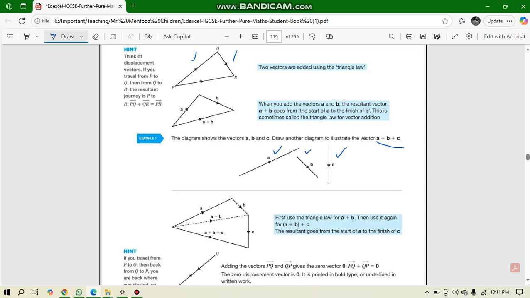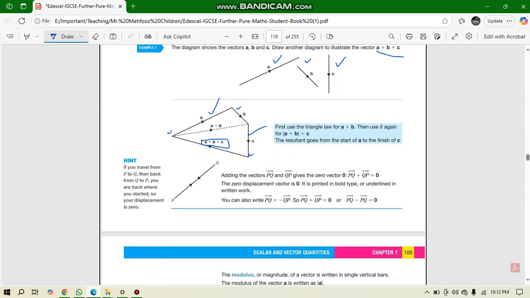First of all, we draw the first vector. On the head of the first vector, we draw the second vector, and on the head of the second vector, we draw the third vector. At the end, we join the tail of the first vector to the head of the last vector. So this vector will be A plus B plus C. Do you understand?